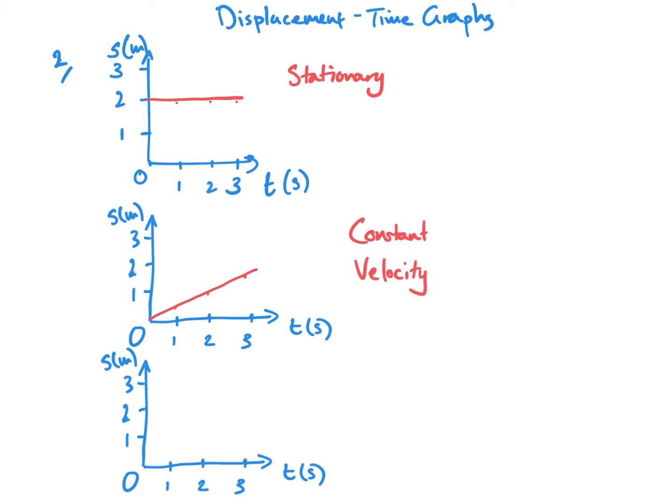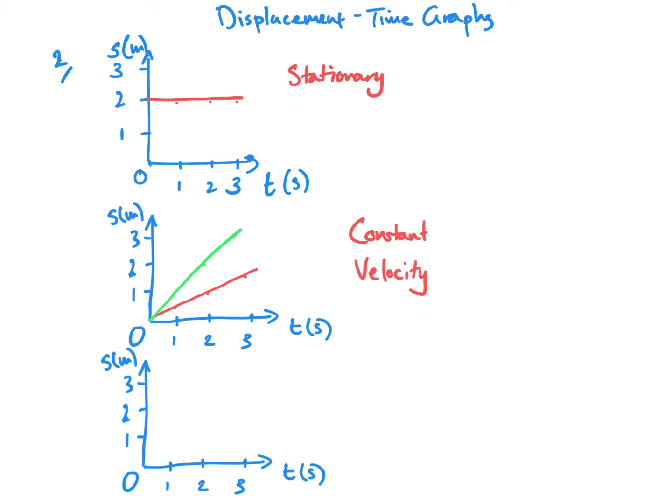If we looked at it for a different constant velocity, we'll contrast that a wee bit. If, for instance, it covered 1 meter in the first second, 1 meter in the second, and 1 meter in the third, that would look like that. I've drawn it well.